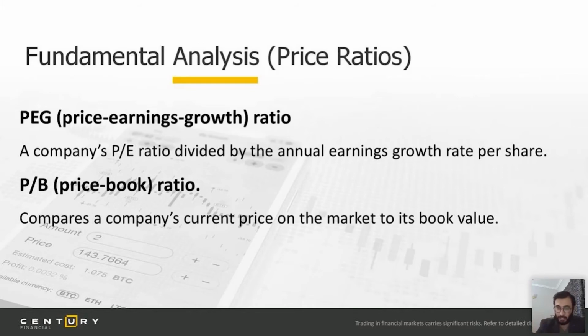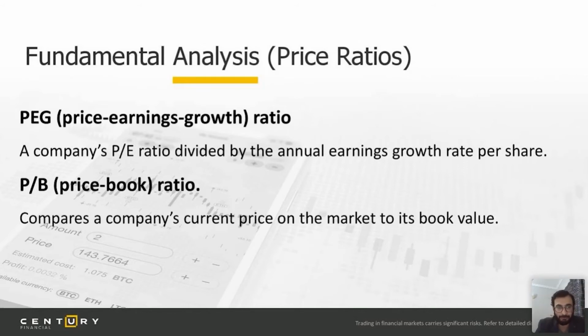Normally, the observation is that whenever the PEG ratio is above 1, it suggests that the stock is overvalued. But you should also compare the ratio to the industry average. If the industry average is more than 1, then right. But normally it is considered that if the PEG ratio is above 1, the stock is overvalued, and if it is below 1, it is considered undervalued.